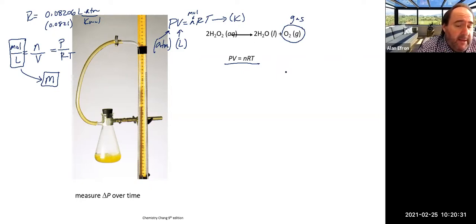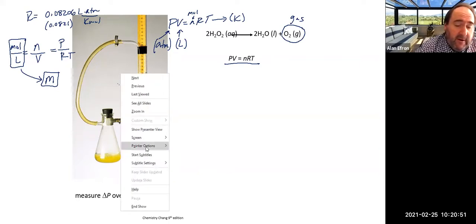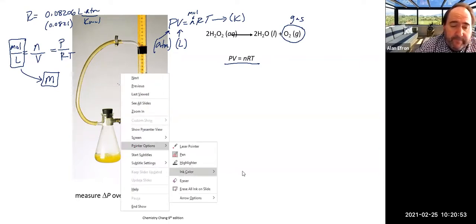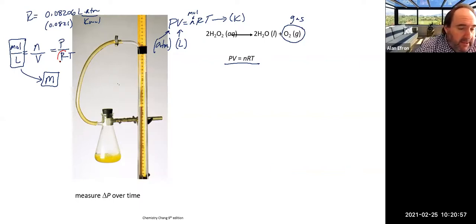In this sort of experiment, by simply measuring the pressure over time, we could figure out how the concentration of something like oxygen is changing. It should be increasing with time. Why we can do that is that, in our rearranged ideal gas law, the bottom term is a constant, which means it's not changing.